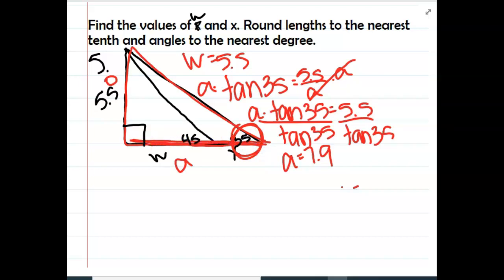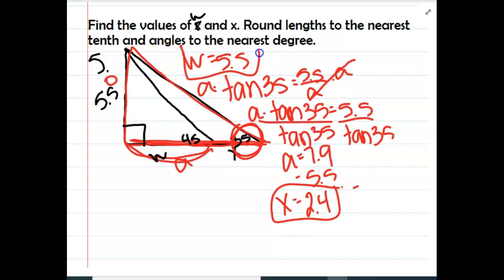I just want that little piece right here. So if the whole thing is 7.9, this right here is 5.5. 7.9 minus 5.5. You should get x would be 2.4. Okay, questions on that one?